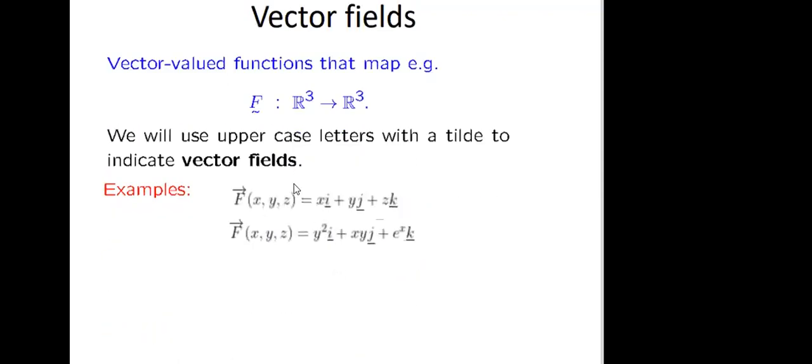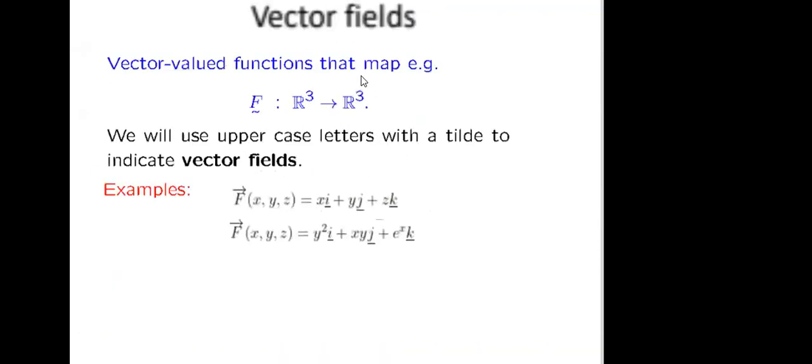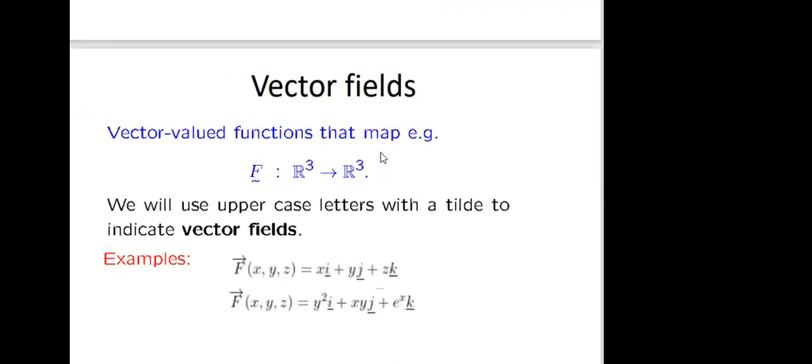But for vector valued, how do you represent it? We use uppercase F with a tilde to indicate vector fields. Look at the output set here. This is the real number set, but this is R3, Rn, like that. So R3 to R3: the input is a vector and the output is also a vector.